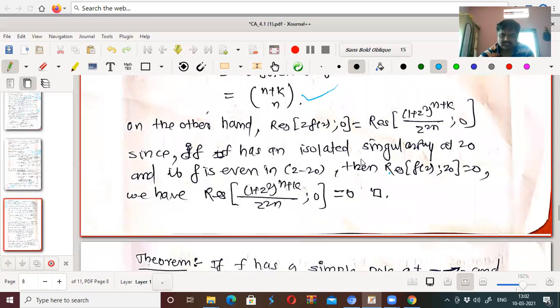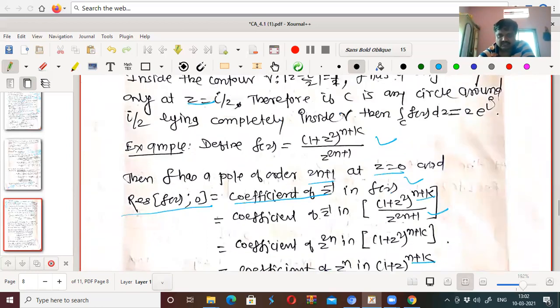If f has an isolated singularity at z0 and if f is even in z minus z0, then the residue of this function is 0. Therefore, the residue of (1 plus z squared) to the power n plus k upon z raised to 2n at 0 is 0. Why? Because z f of z becomes (1 plus z squared) to the power n plus k upon z raised to 2n.